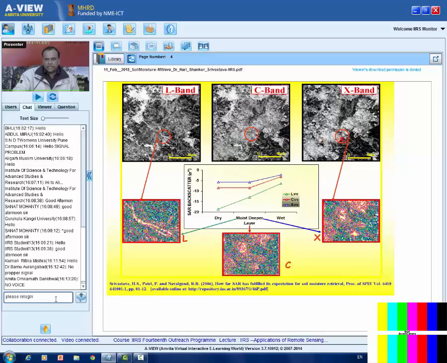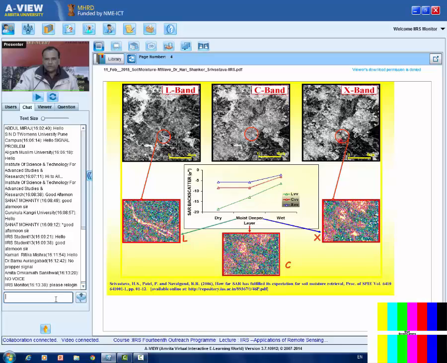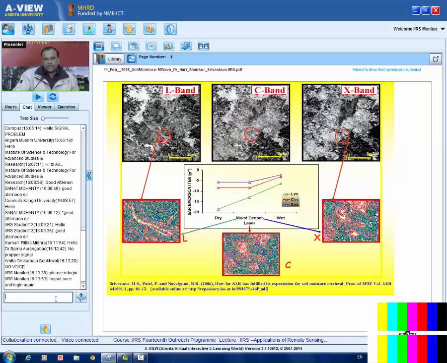Here you can see there is no impression of soil moisture in the X band, in the C band also, whereas in the L band image you can see a channel, which is basically a paleo channel, and it was moist some 60-70 centimeters below the upper soil surface, and the upper soil surface was perfectly dry.